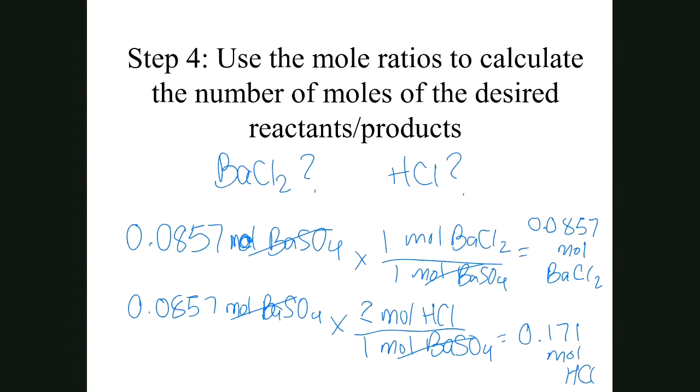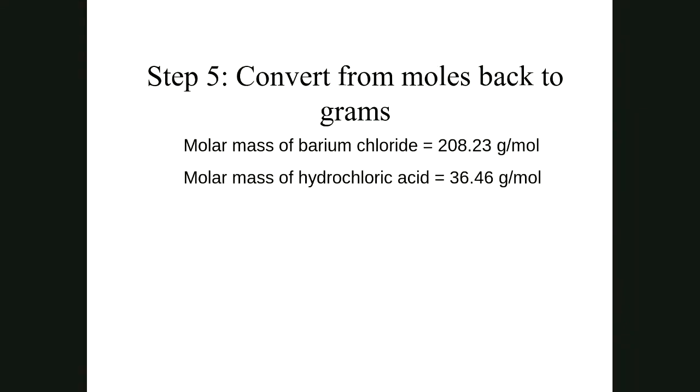But those are not numbers we can come up with in the lab, so we need to convert them to grams. So we're going to convert from moles back to grams. So our moles of barium chloride was 0.0857 moles of barium chloride. And our molar mass of barium chloride is 208.23 grams per mole.